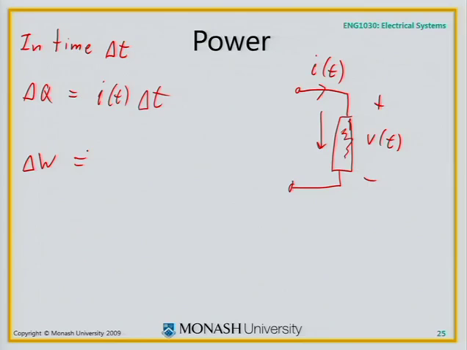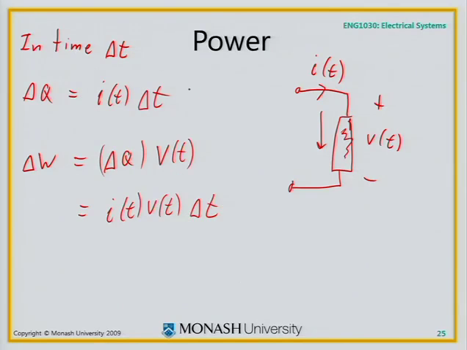So the amount of energy it takes to move a charge delta Q through V volts is just delta Q times V(t). It's the definition of voltage difference between two things. So how much energy does it take to move delta Q through? Well, delta Q times the voltage. So that is I(t) times V(t) times delta t.